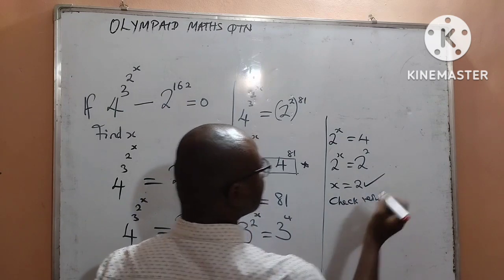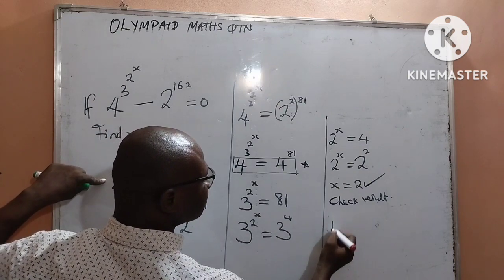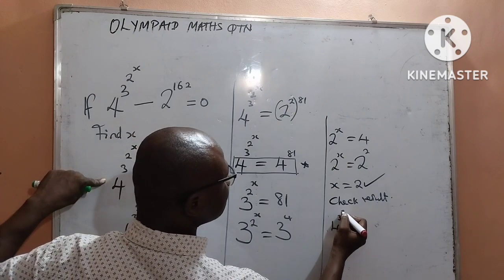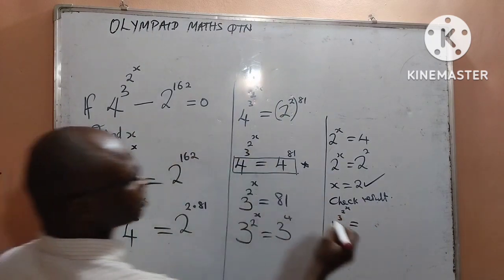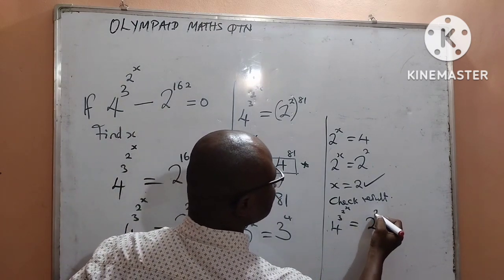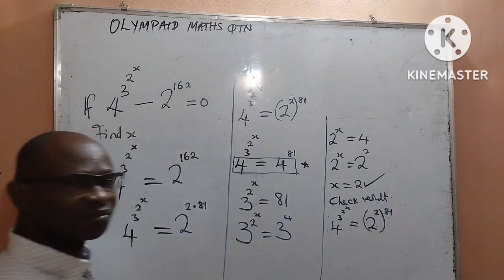So I have here 4 to the power of 3 to the power of 2 to the power of x is equal to 2 to the power of 2, then multiplied by 81.